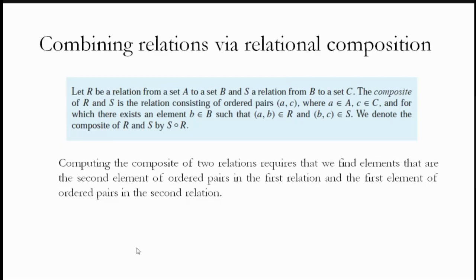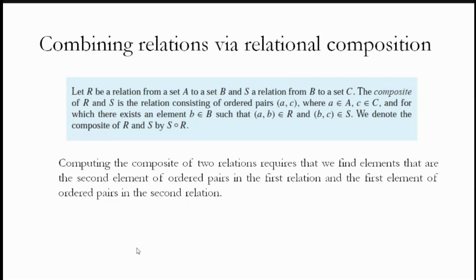Computing the composite of two relations requires that we find elements that are the second elements of ordered pairs in the first relation and the first elements of ordered pairs in the second relation. This is very, very important to remember; those who want to make a note can note this.